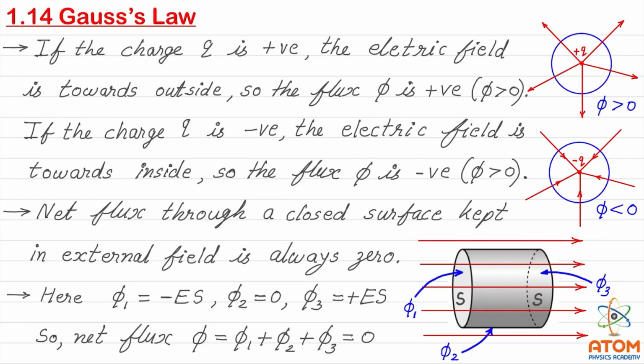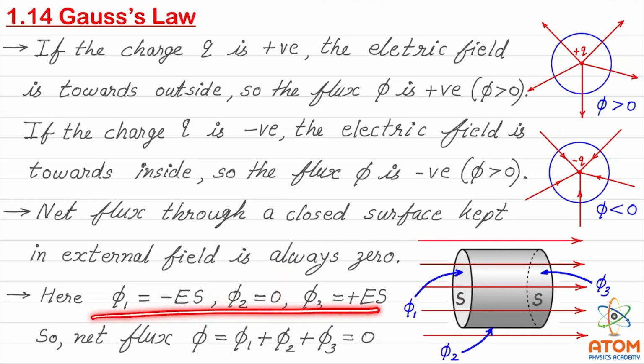In another way, I can say that if I choose a small area element, let us say ds, then the area vector of ds will be upward and the electric field is in this direction. So obviously the angle between electric field and ds will be 90. And when you put the flux equation E dot ds, it becomes E ds cos 90. Cos 90 is 0, and so the flux will be 0. So as a whole, flux on the cylindrical surface will be 0.